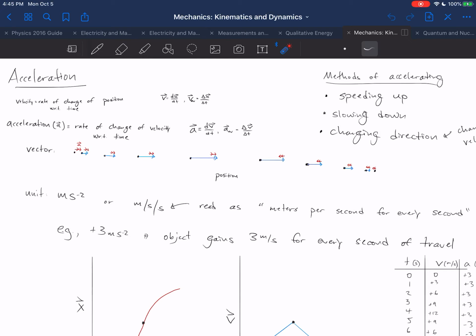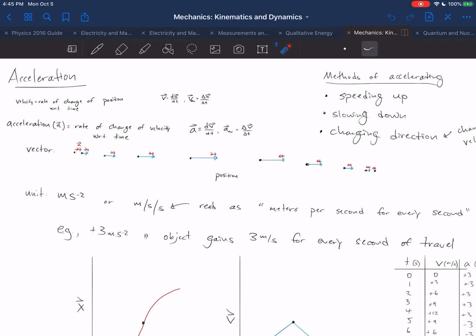For example, when you are slowing down, you are also changing your velocity. And so you could accelerate simply by slowing down.